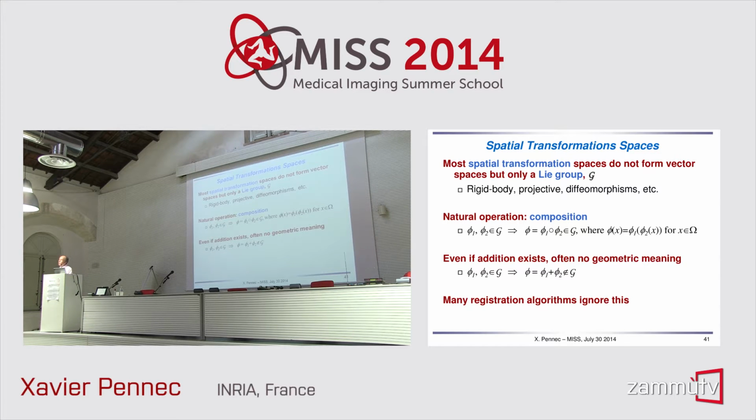And implicitly what I was doing is adding something to the displacement field. Okay, but if I'm adding things to a displacement field, then I'm going to end up with something which is not a deformation. I mean, I can have folding. This is not a natural operation in a transformation group. This is a natural operation. So the key thing is we should not add, we should compose.